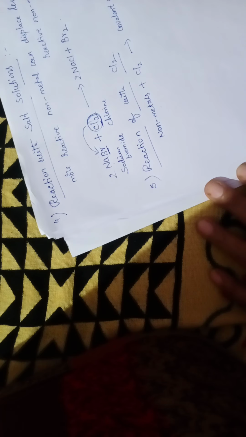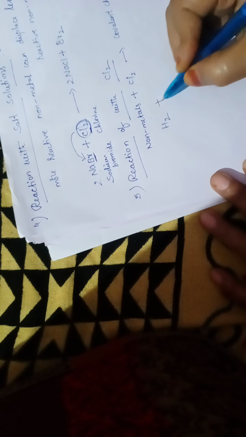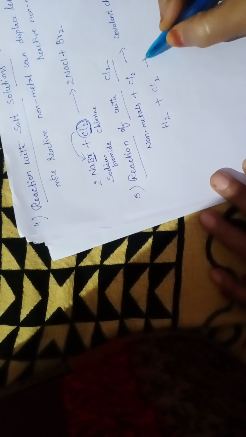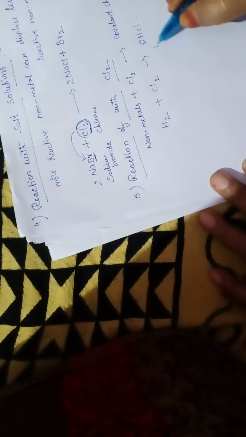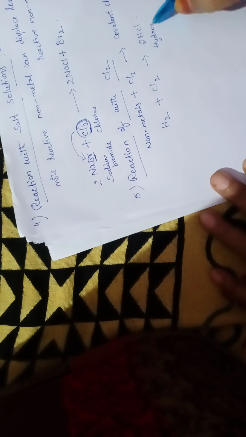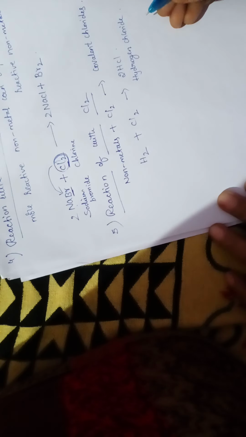For example, taking non-metal H2 and chlorine, finally we will get 2HCl. Its name is hydrogen chloride, and it is a covalent chloride.